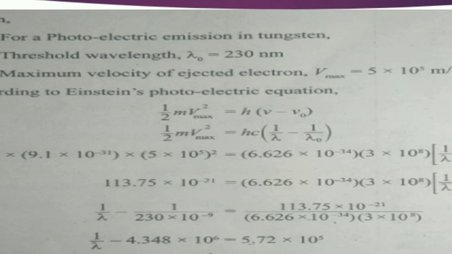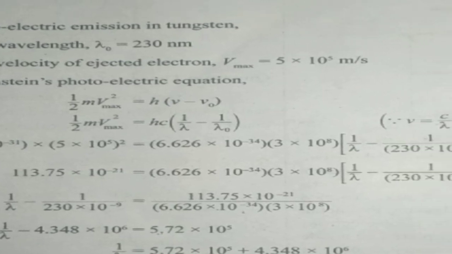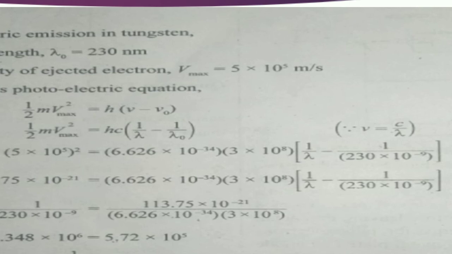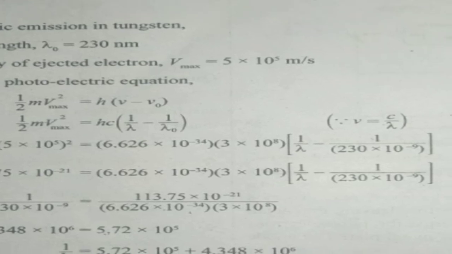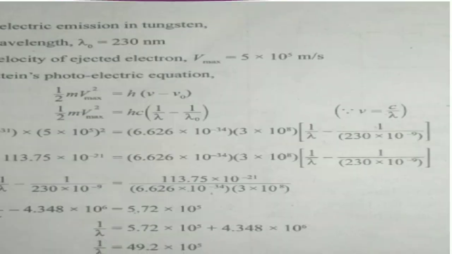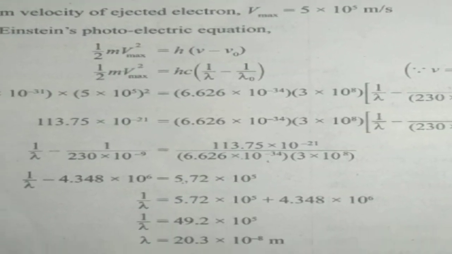113.75 into 10 to the power of minus 21, equal to 6.626 into 10 to the power of minus 34 into 3 into 10 to the power of 8 into 1 by lambda minus 1 by 230 into 10 to the power of minus 9. That means the LHS is calculated, and the RHS remains the same.